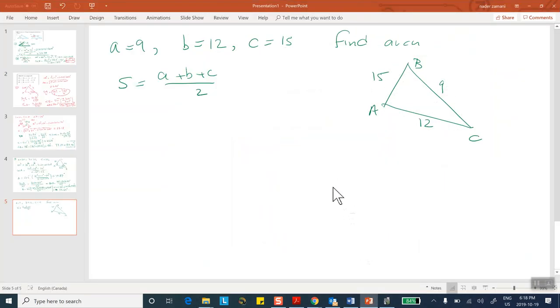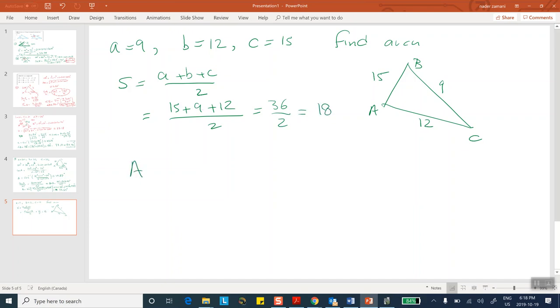So this is equal to 15 plus 9 plus 12 over 2, which is 36 over 2, and this is 18.